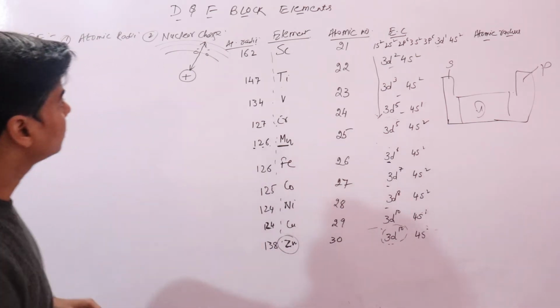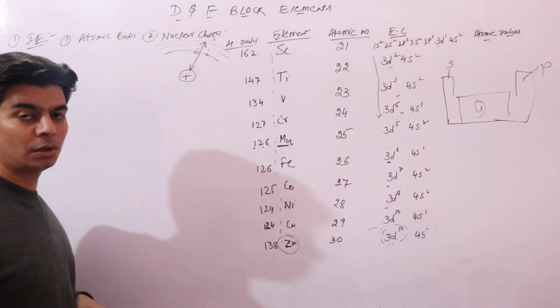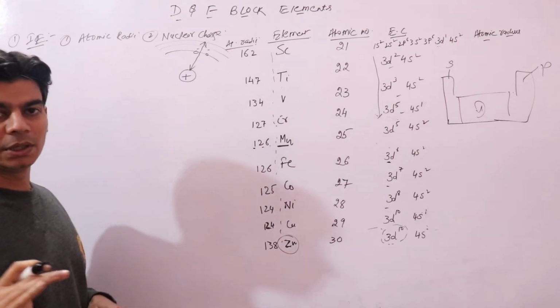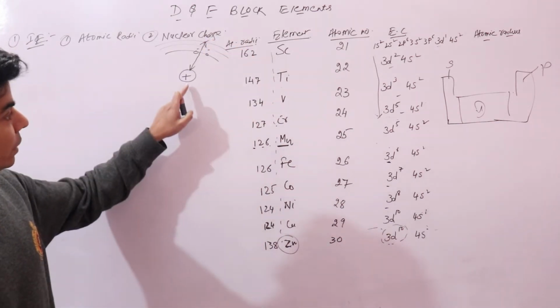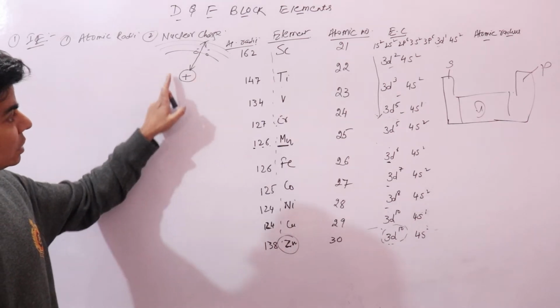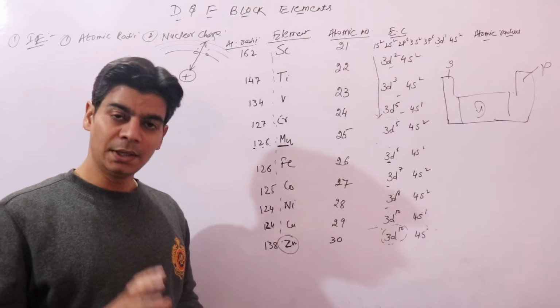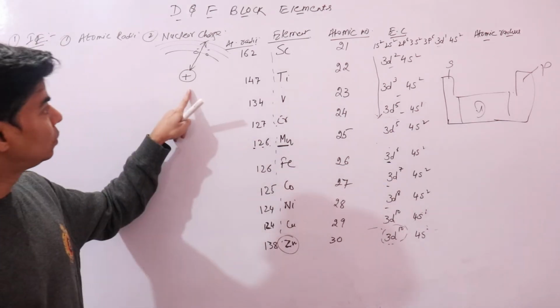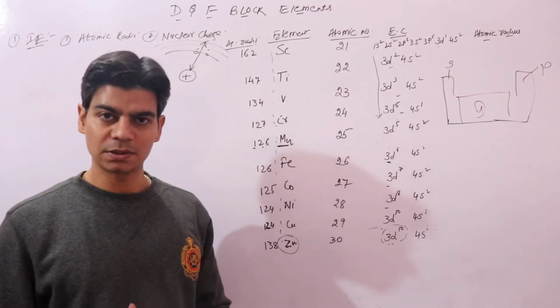When the attraction by the nucleus on the outermost electron decreases, less energy would be required to remove this outermost electron. So the nuclear charge will impact the ionization energy. As the distance of the outermost electron from the nucleus increases, the ionization energy will decrease.